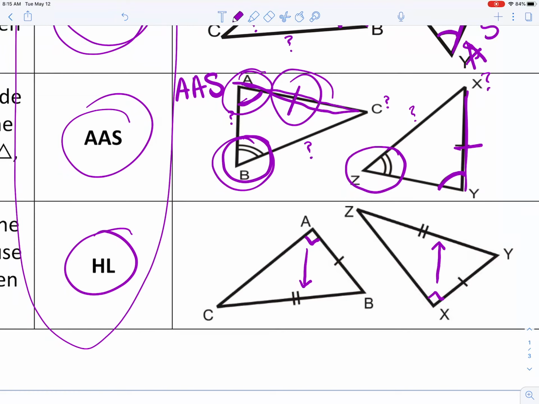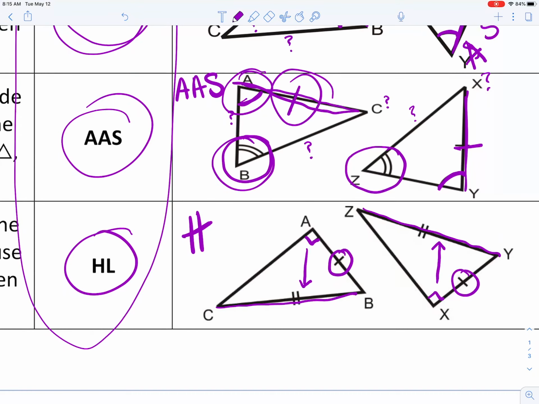Now we have to prove that the hypotenuse, so remember the hypotenuse is that side directly across from the right angle. And this side has two markings, and this hypotenuse has two markings, so that means that we do have the H. They are congruent. And the L represents one of the legs, so it doesn't matter which one.